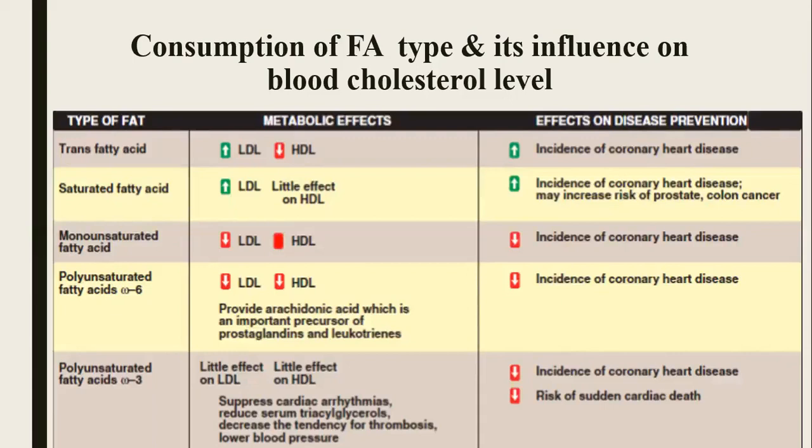And these omega-6 fatty acids are present in vegetables, nuts, cottonseed oil, corn oil, and 5 to 10% of calories are recommended from omega-6 polyunsaturated fatty acid, because omega-6 polyunsaturated fatty acid can lead to autooxidation, and autooxidation causes production of free radicals, and production of free radicals increases the incidence of coronary heart disease.